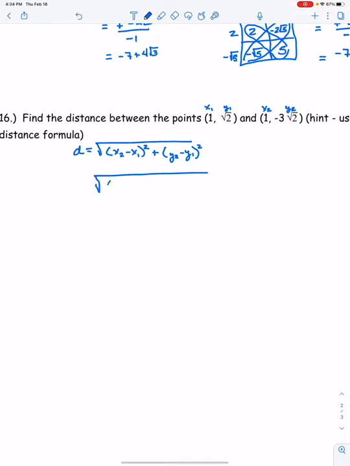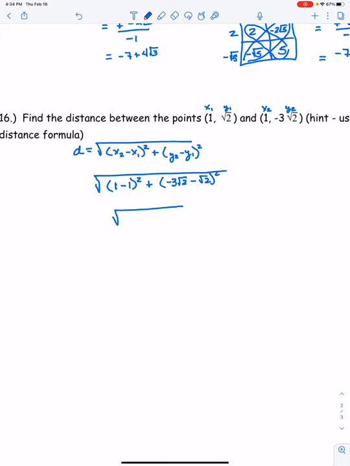Here we go. X sub 2 is 1, x sub 1 is 1 squared plus y2 is negative 3 the square root of 2 minus the square root of 2 squared. Well, 1 minus 1 is 0. 0 squared is 0. So I don't have to deal with that side of it.